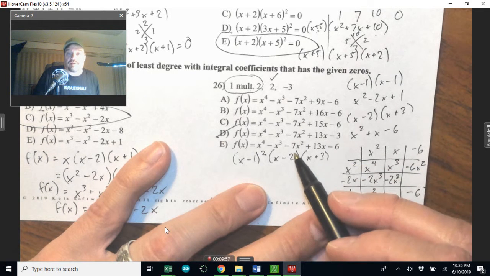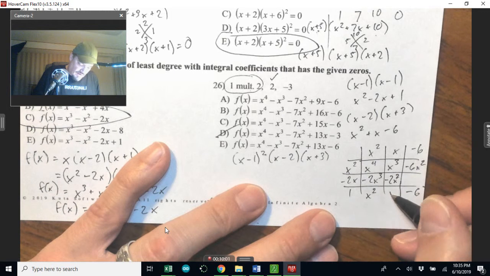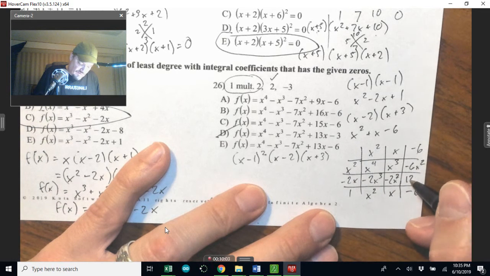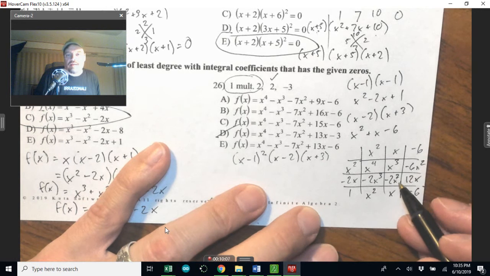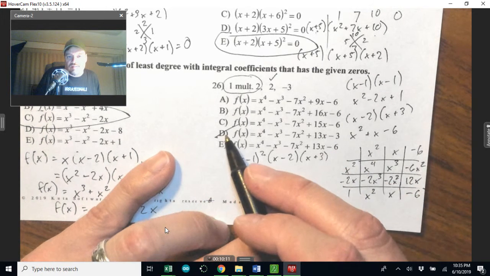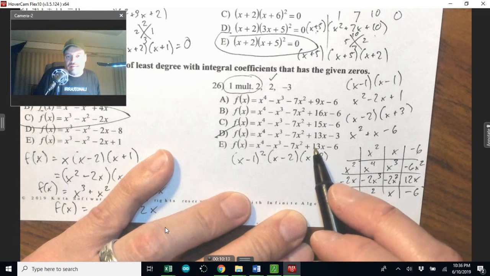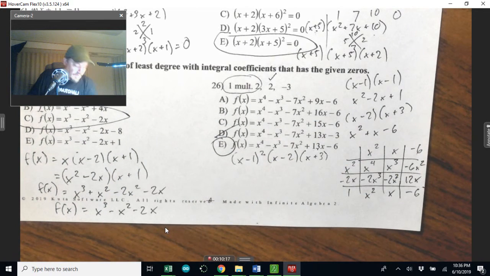Looks like they're all negative 7. So now we go to the final one. We have positive 12x. That would be a 13x. Okay, so this has 13x, but we already crossed him out. So it looks like this is the only one with 13x. This is our guy. Okay, so the final answer is E.